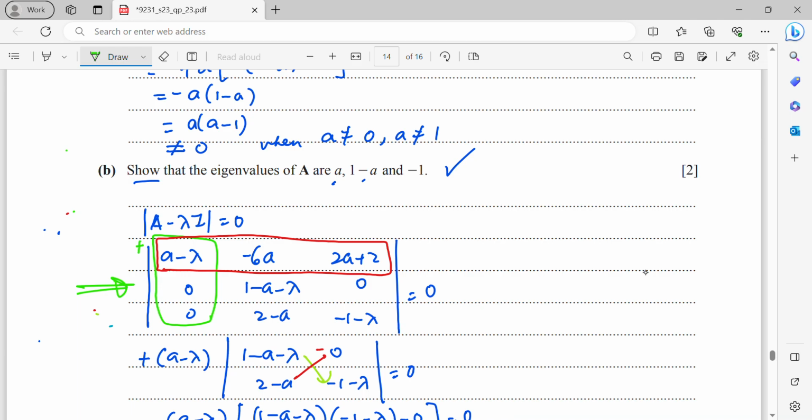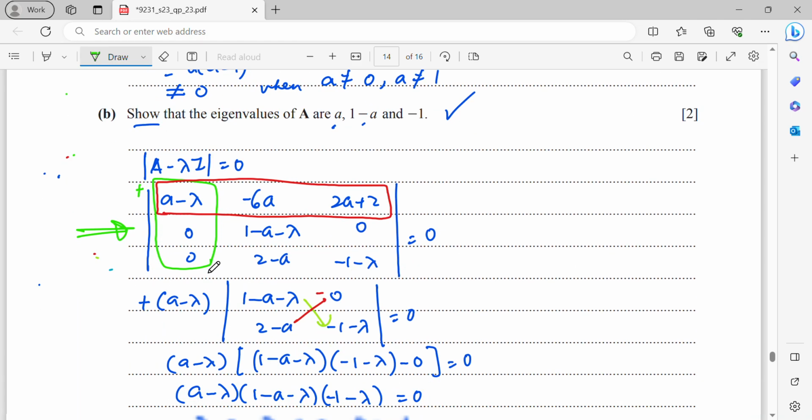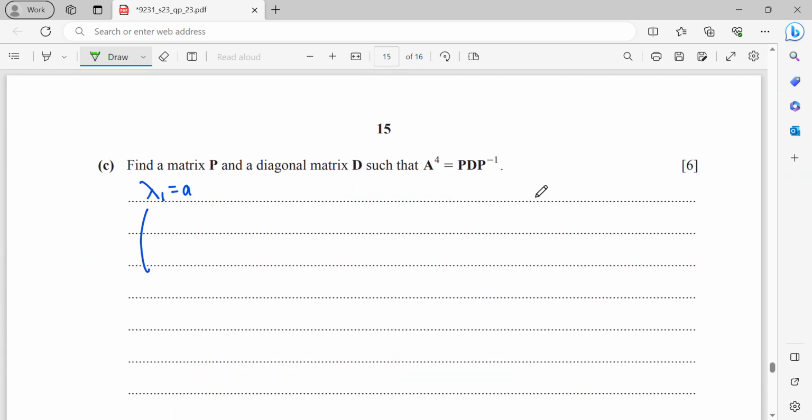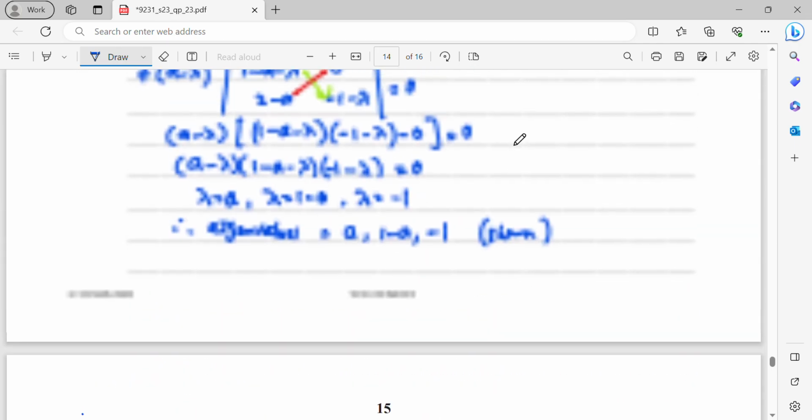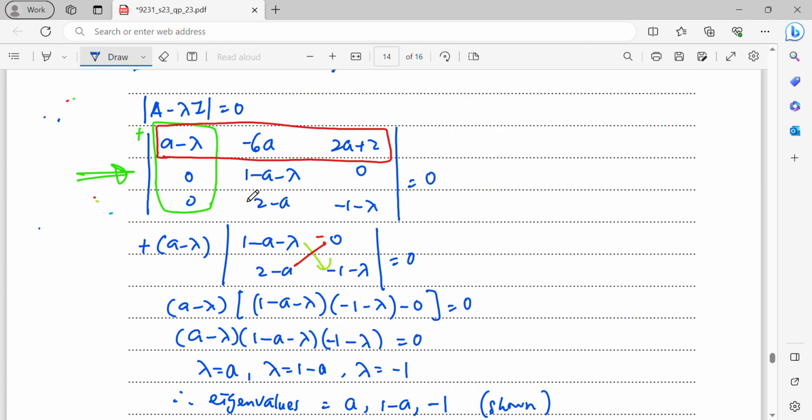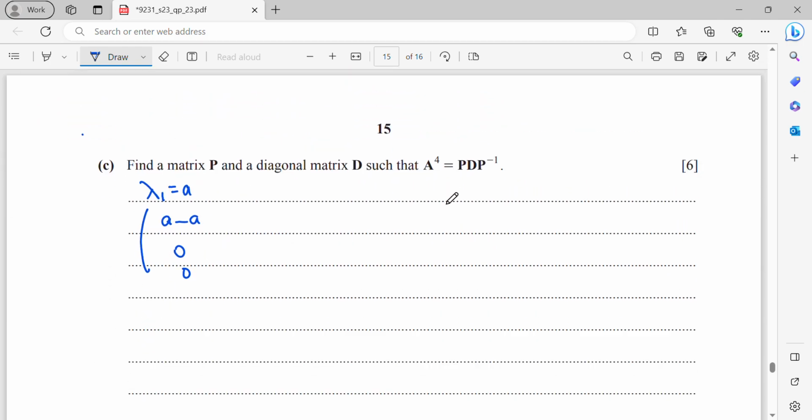Means I will sub into this and change the determinant to matrix. So the diagonal I have to minus lambda, means that it will be A minus A, then 0, 0. After that, minus 6A, 1 minus A minus lambda, 2 minus A.